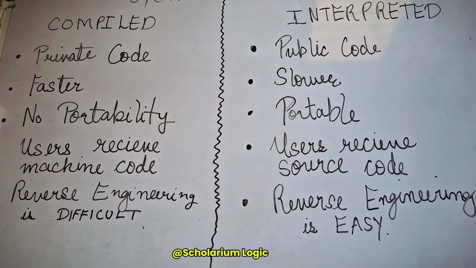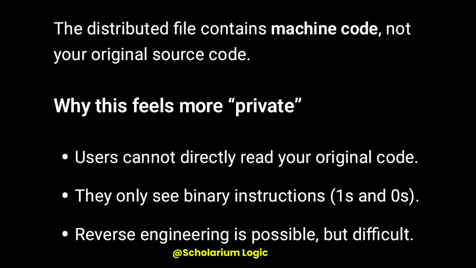Whereas in interpreted languages, the code is more in the public form, which means that the code has more accessing authorities as compared to compiled programming languages. Unlike compiled languages, in interpreted languages, the code is not translated into an .exe file. It is directly run whenever the user wants to have access to the source code.